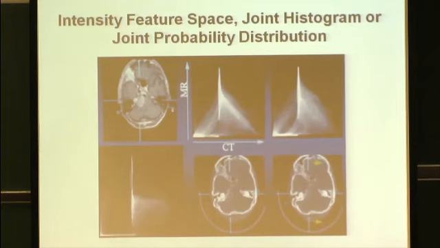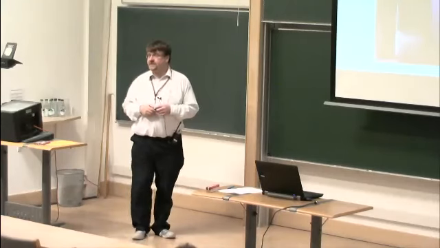So when we plot it, they will have a peak in the histogram at that point. But if they're misaligned, that peak will get spread out. So if you plot these things, you see this peakiness and also this dispersion. And this dispersion you think of as representing the misalignment.